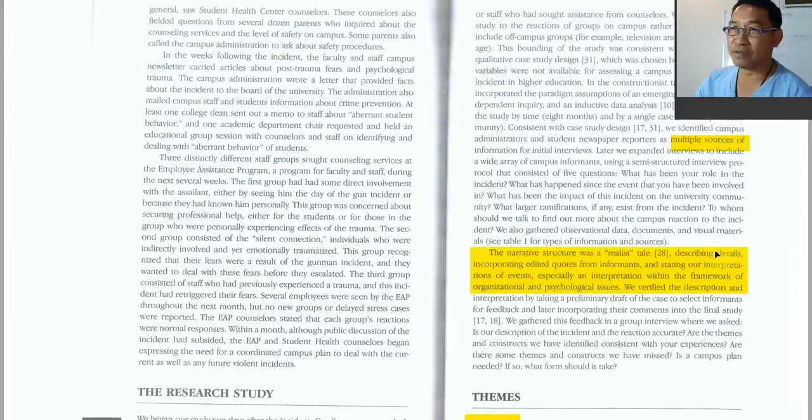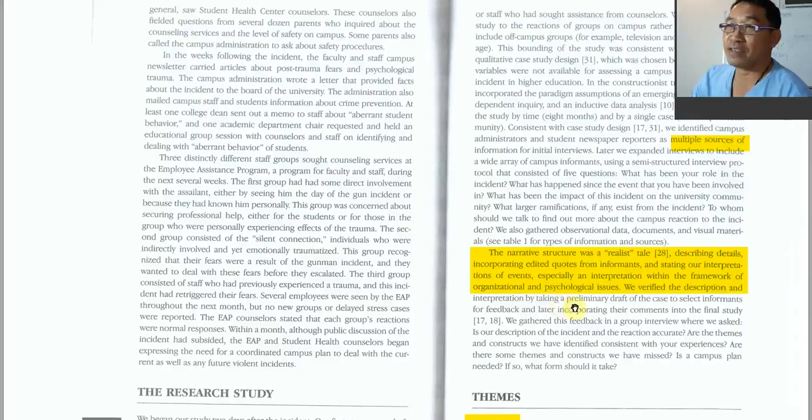They ask for details from these people, quotes from informants, and state the researchers' own interpretation of events, interpretation within the framework of organizational and psychological issues. These are the concepts. So these researchers are using the framework of psychological and organizational issues, which is always important because concepts help them to think and to classify things.